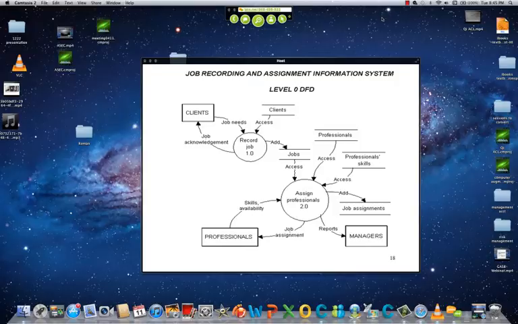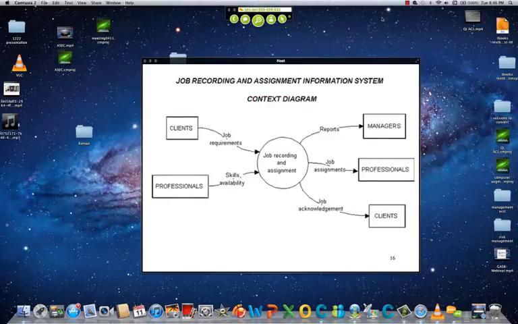There are two main processes: record job and assign professional. So how do we record job? Well, the client said that we need to record a job. He gets the job acknowledgement here. By the way, when you have a context diagram, inputs on the left side, outputs on the right side.